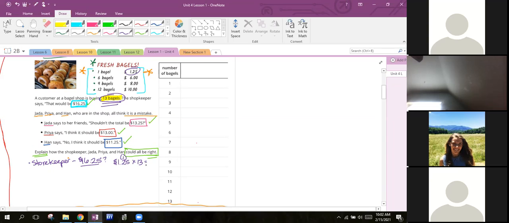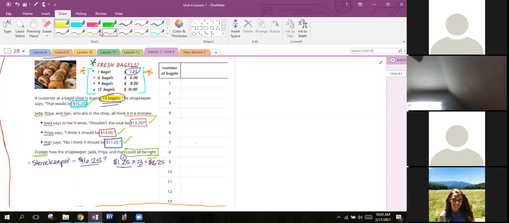I know if I use my calculator on my phone, if I do 125 times 13, that's going to give me $16.25. So he used the price of one bagel and multiplied it by 13 and got his price. Is that technically correct? Yes.